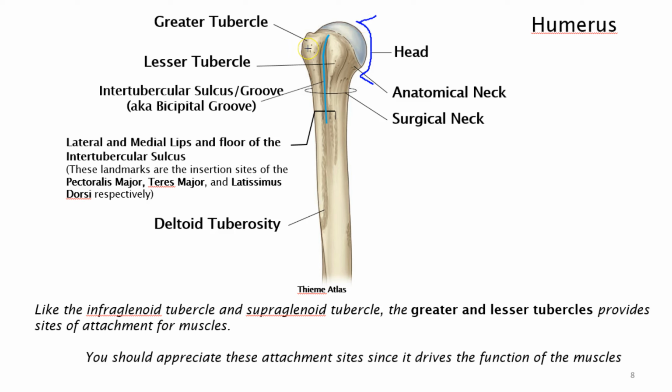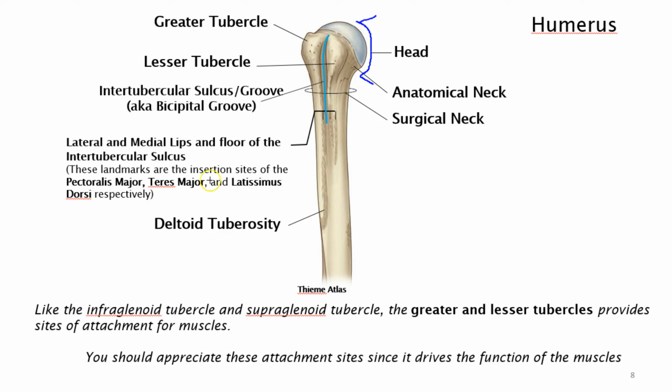So we have this greater tubercle, the lesser tubercle, the intertubercular sulcus. And note that within the floor of the sulcus, we have muscular attachments, and to the lateral lip of the sulcus, which is an extension of the greater tubercle, and the medial lip of the sulcus, which is essentially an extension of the lesser tubercle, we have muscular attachments as well.